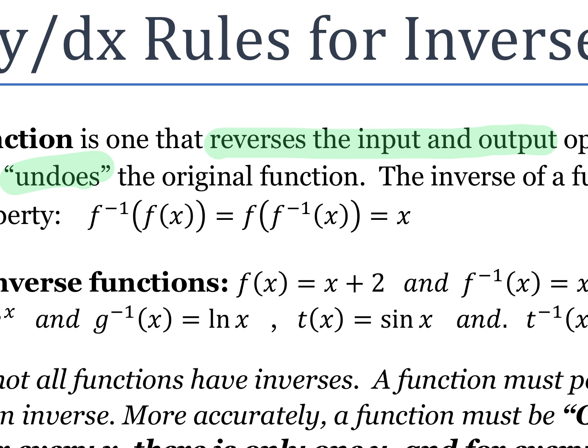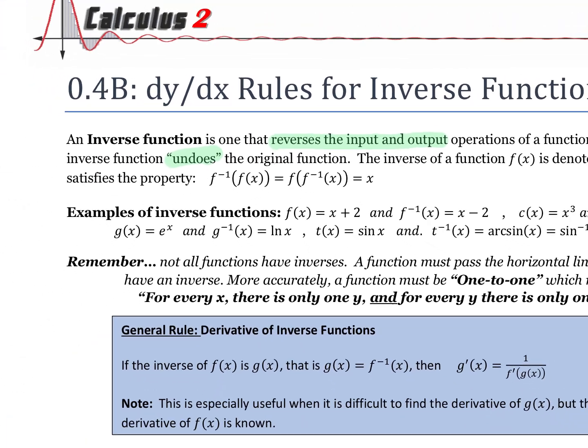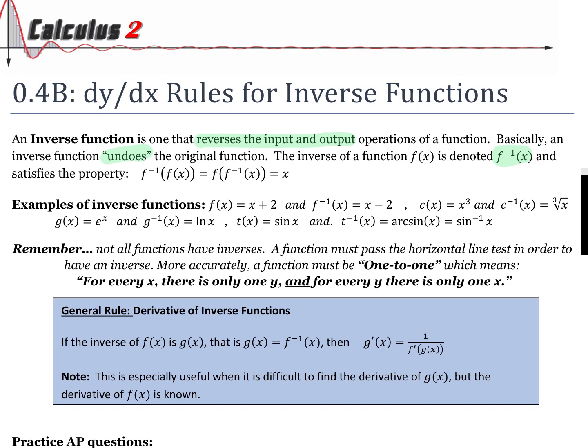So this is just showing that one of them undoes the other. X goes into the inverse, and that goes into the original, and x comes out. X goes into the function, and what comes out of there goes into the inverse, and x gets spit back out. So they're undoing. That's what that notation is showing there.